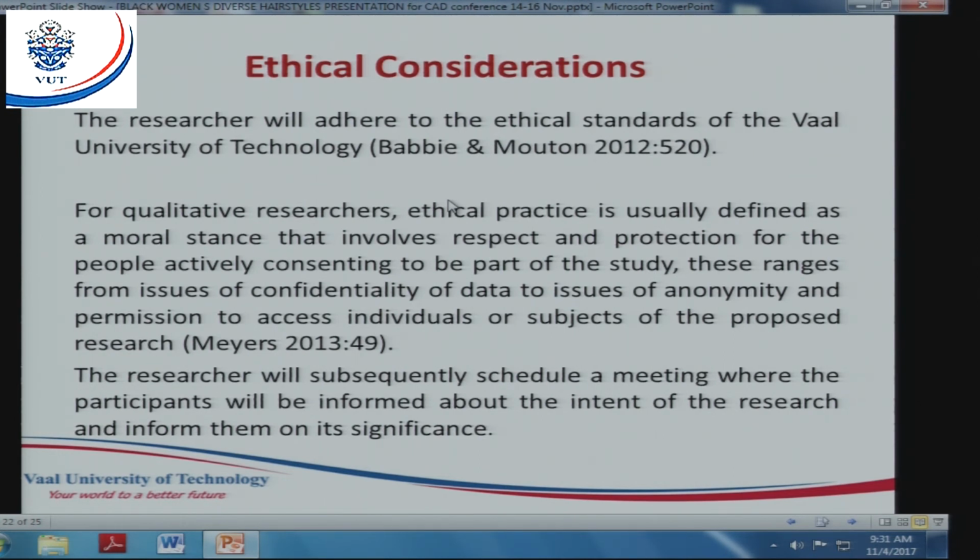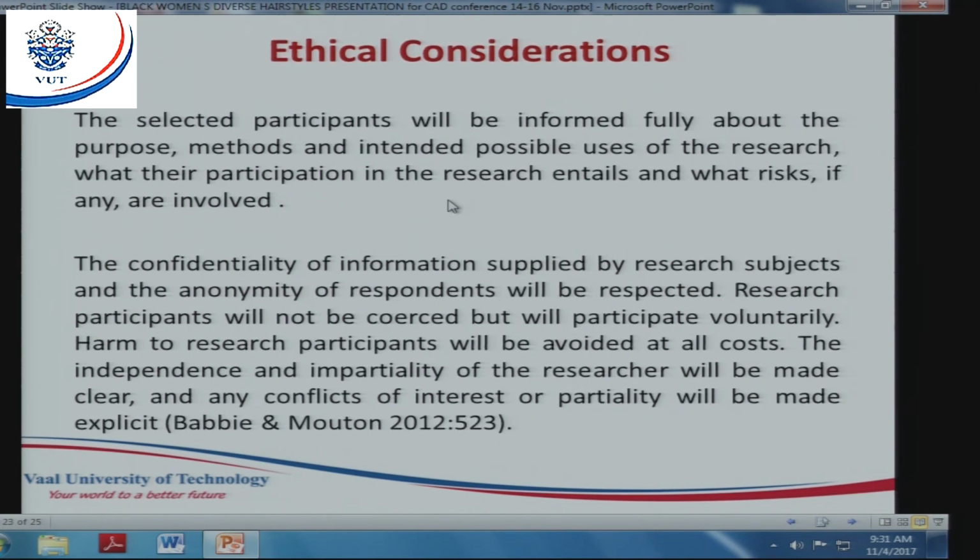The researcher will subsequently schedule a meeting where the participant will be informed about the intent of the research and its significance. The selected participant will be informed fully about the purpose, method, and intended possible uses of the research, what their participation in the research is, what it entails, and the risk if they are involved.